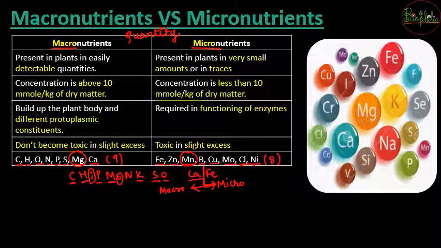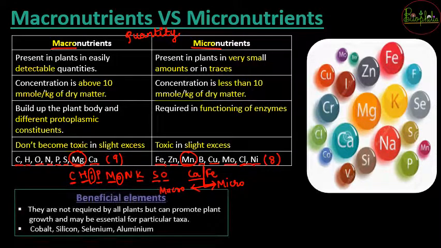So one more criteria comes, that is beneficial elements. So beneficial elements are going to be the elements which are not required by all plants. Not every plant needs them, but if they are present for that particular plant, then it can promote plant growth.